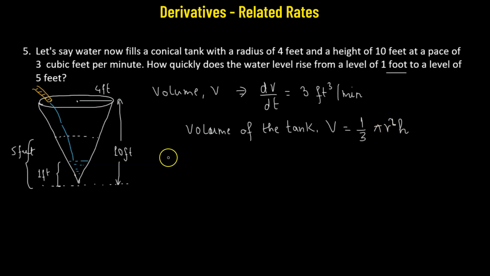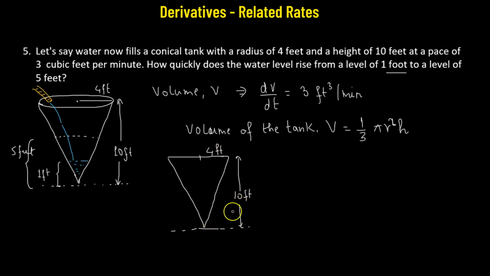To do that, we'll consider the side view of the tank. Here we have the tank, which has a radius of 4 feet and a height of 10 feet from the base level. We consider another level of the cone, at a height of h from the base, with a radius of r.